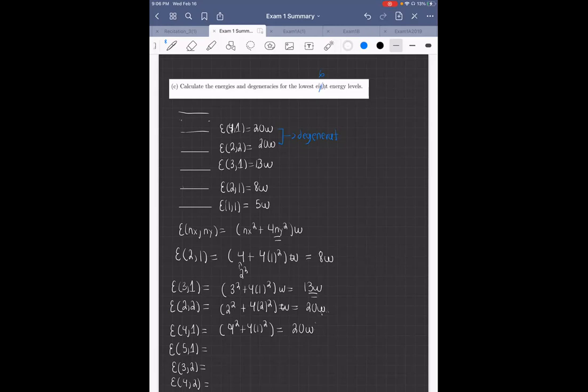Okay, so basically we calculate this and we get 5 squared plus 1 squared times W, and that's going to be equal to 26W. And then we have 3 squared plus 2 squared times W, which is 9 plus 4, oh, I missed one.